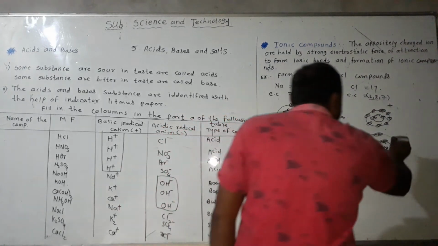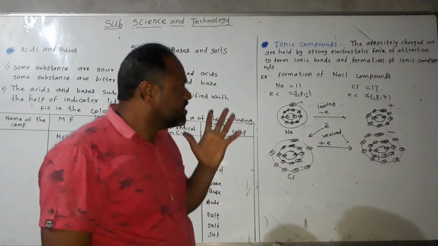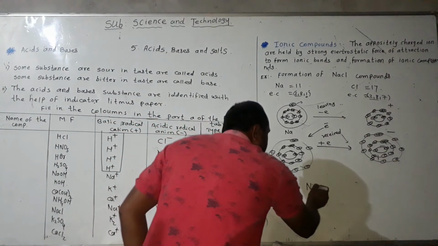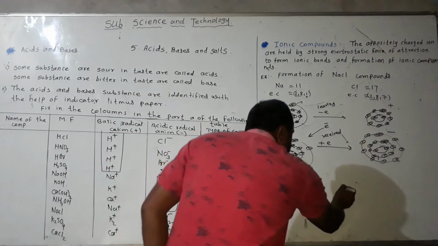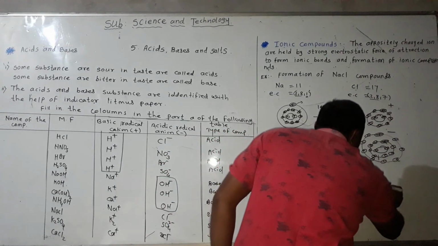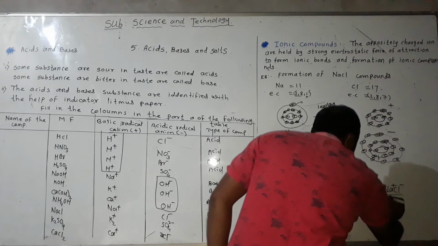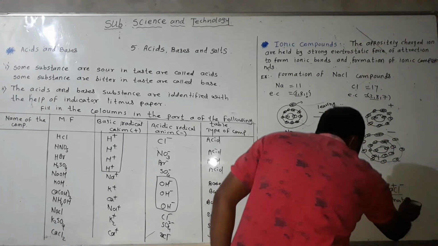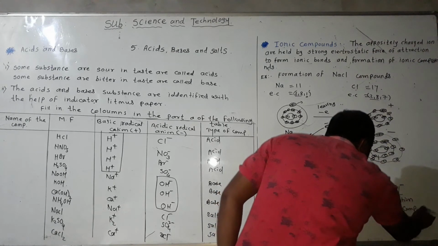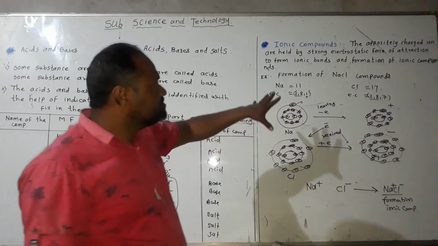So as it takes up an electron, the charge on the Cl atom is negative. So Na plus and Cl minus form NaCl, the formation of an ionic compound. Which compound will form? Ionic compound will form.